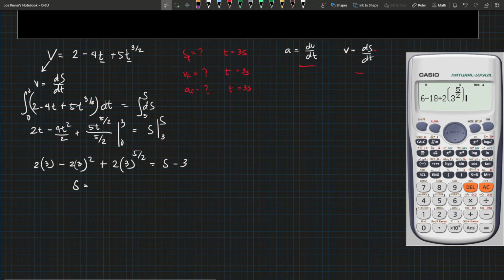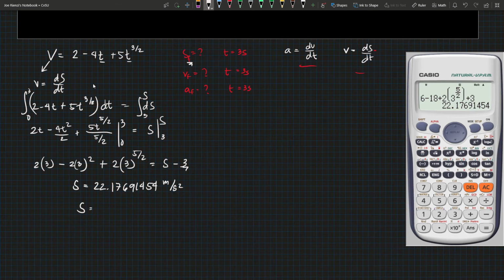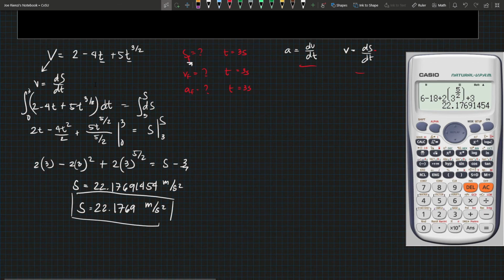So pag na-transpose siya sa kabila, magiging plus 3. So the distance at time 3 seconds ng particle na yon is 22.17691454 meters. Or pwede nyo rin siya again isulat kung di na gamitin yung value. Just to show the answer is 22.1769 meters. So, pwede nyo i-cut dun sa fourth decimal place.